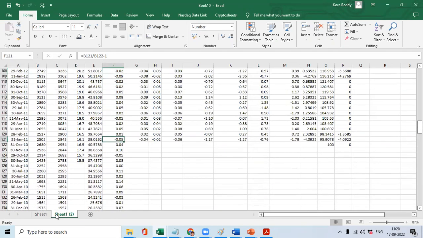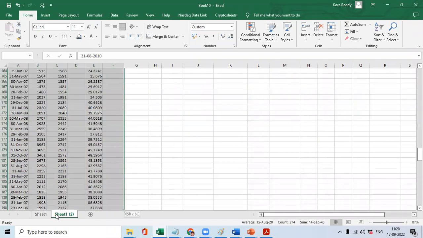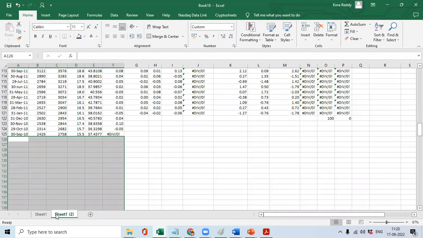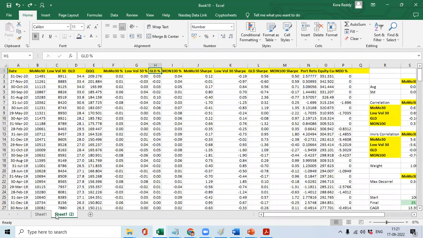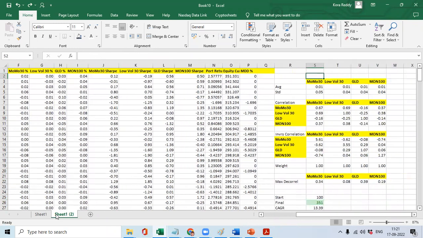Anyway, there will be some duplicates; you delete them. You don't need this data. This is a very dynamic weighting. So you would have gone with this kind of weighting at the start of December 2019.